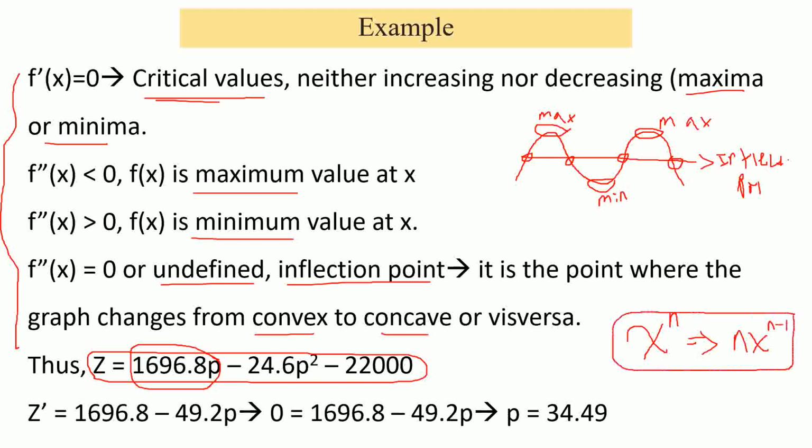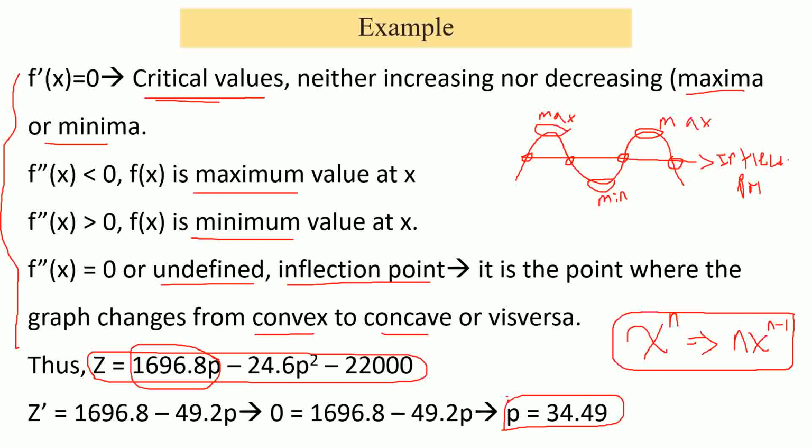In this formula, we get the first derivative of the objective function, that is z derivative: 1696.8 minus 49.2p. When we equate it with 0, p can be obtained like this. First we have to differentiate and equate with 0 just to find out the critical values.